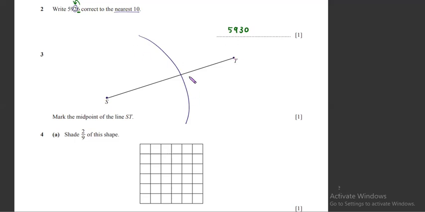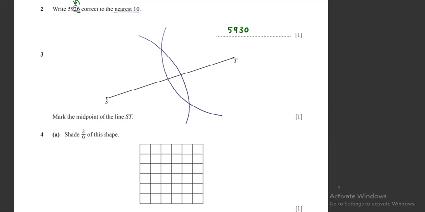With that same measurement, you would draw another arc, and we can clearly see the two points where the two arcs are intersecting. When you connect them with a straight line, the place where it hits the line will be considered the midpoint. That is one way of doing it using the pair of compasses.